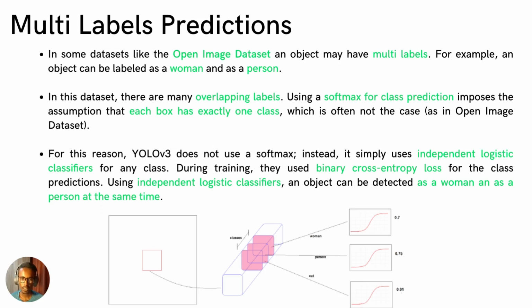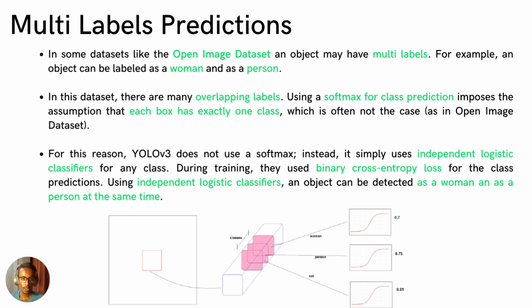And binary cross-entropy loss is just finding the difference between the true label and the prediction from our model, subtracting them, and then squaring that result. Then we sum them together and we divide by the total number of images in our training dataset.